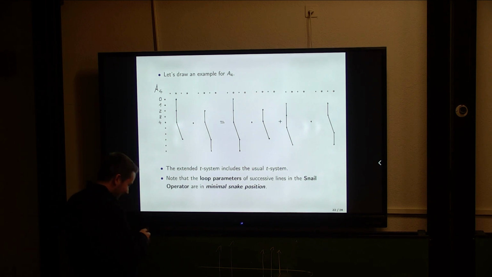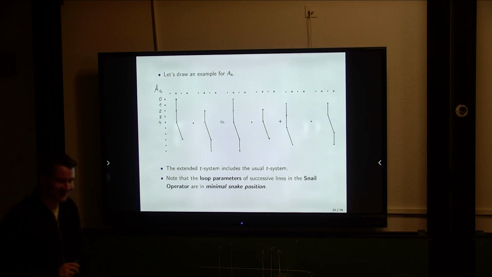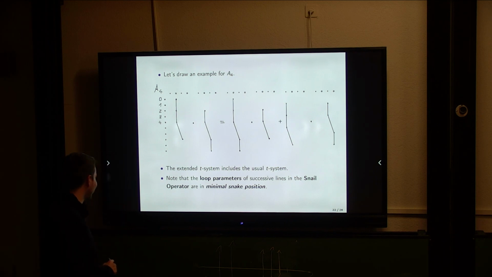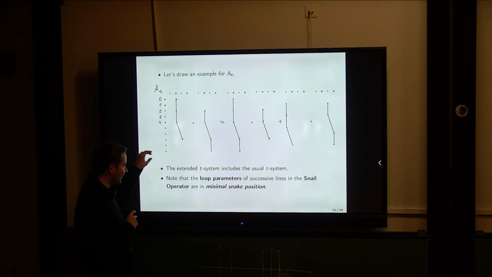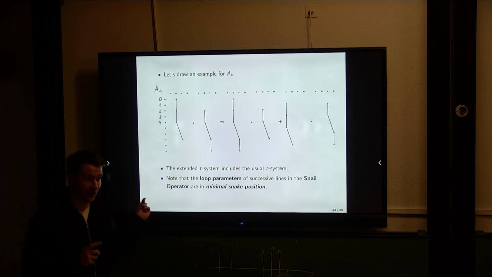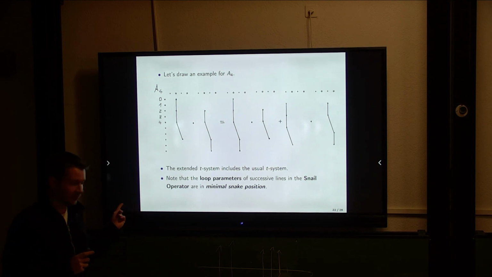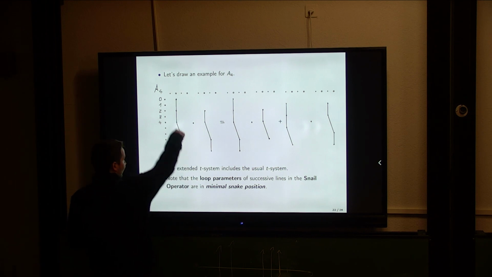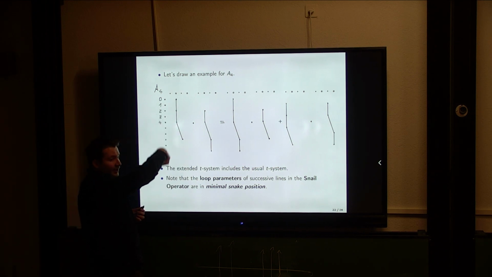So, okay, now we are through the kind of technical stuff. One remark is the following: the extended T-systems include the T-systems that we saw for the Kirillov-Reshetikhin modules. The Kirillov-Reshetikhin modules is just if we take straight lines in one fundamental direction.